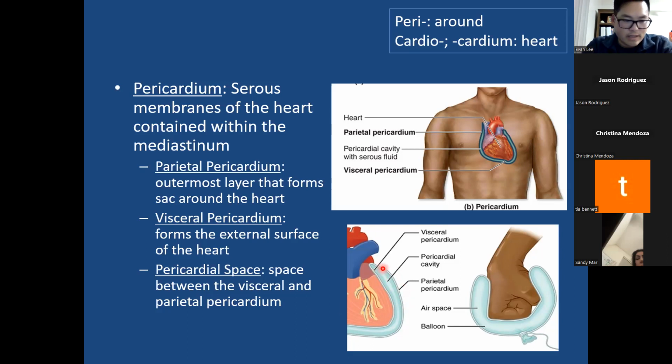It's going to be covering it and protecting it. But then also inside of this pericardial cavity, with that pericardial fluid, it's basically helping to lubricate it, or protect it even further. So just to give you an example, what is your heart doing right now, all the time? It's contracting, it's pumping. And as it does that, it is moving, it is rubbing against things.